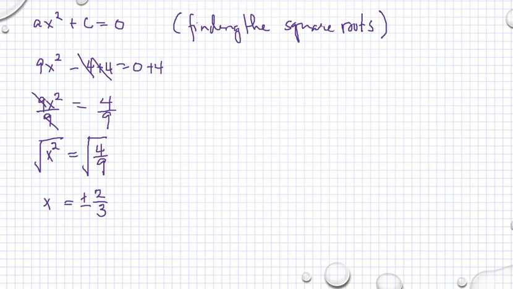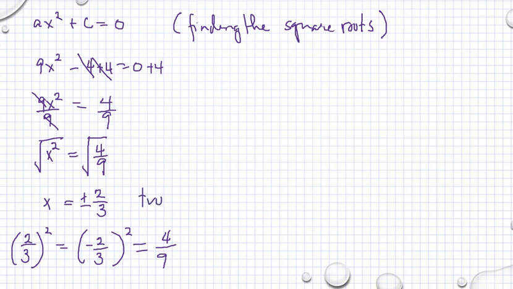Okay? Why? Because when I square 2/3 and when I square negative 2/3, both of these have the same product, 4/9. Remember that. Okay, a quadratic equation has 2 roots.